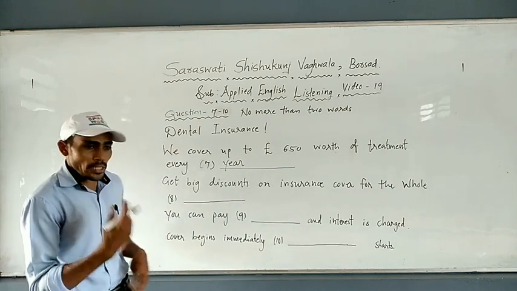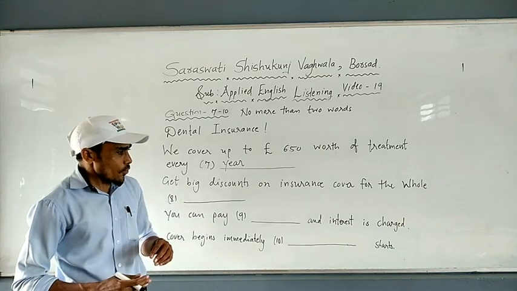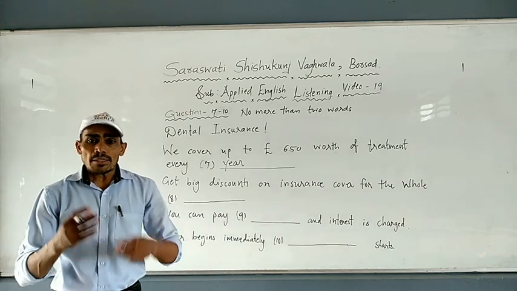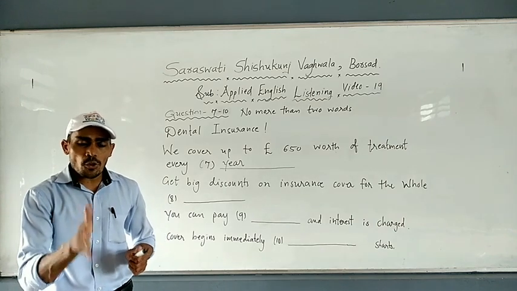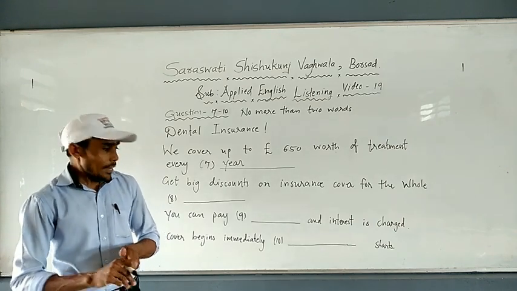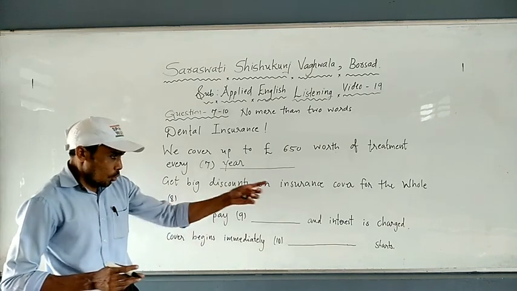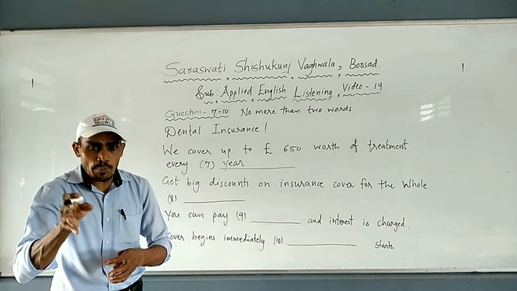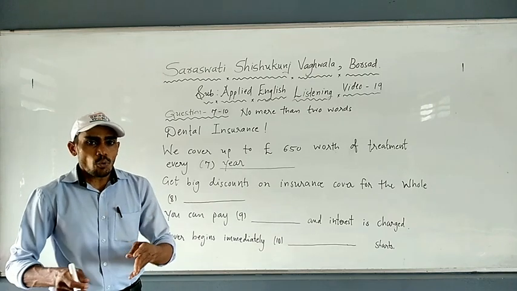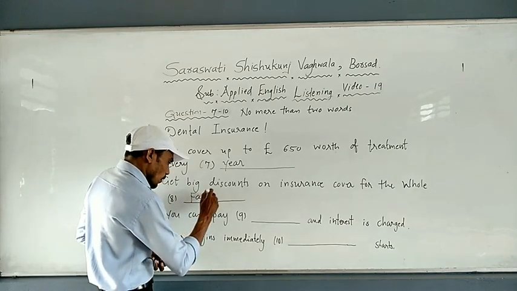Okay. As we go further, get a big discount on insurance cover for the whole. Okay. And the receptionist says yes, you can cover your children, your family, and your parents. So what is the answer here? The whole family, because the word family is not spoken, but what you need to understand, and the correct answer is family.